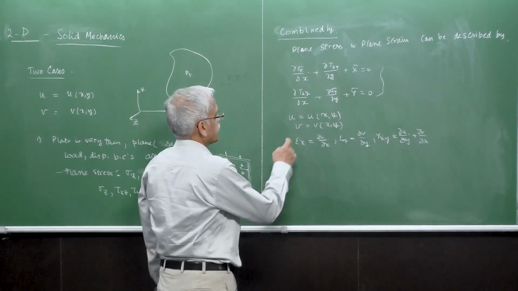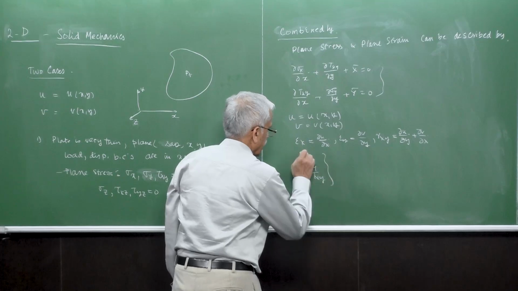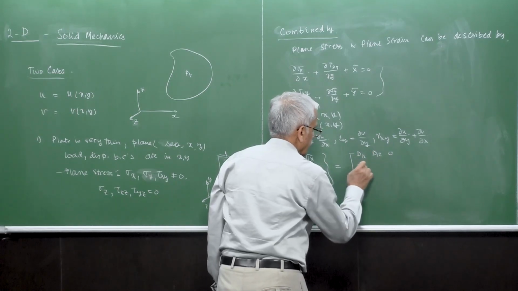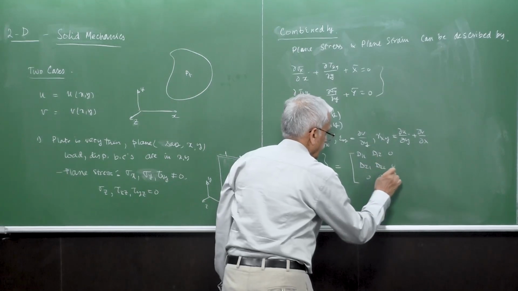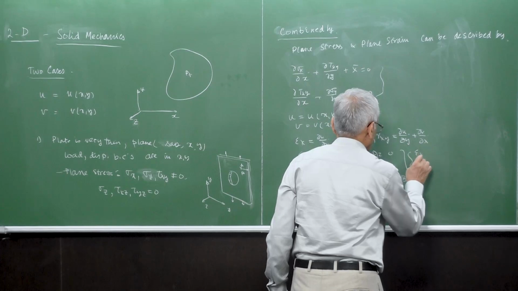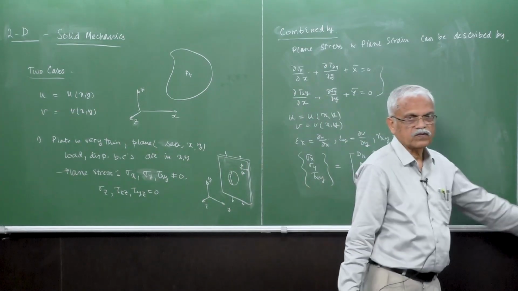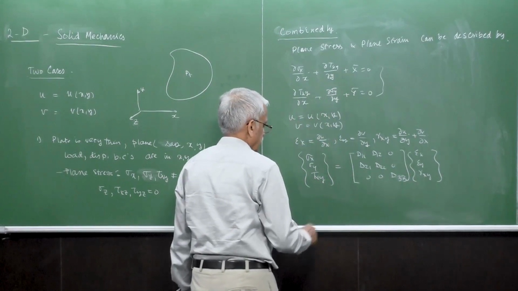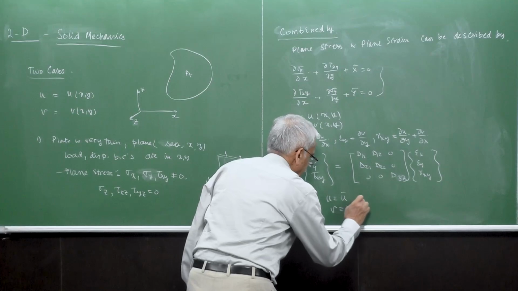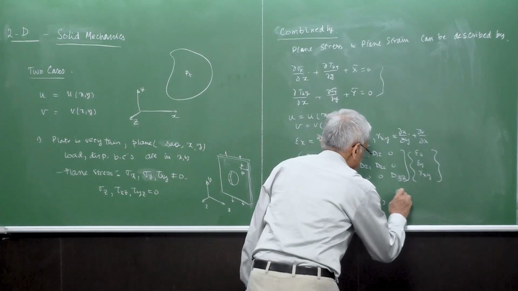Okay, and then the relationship between sigma x, sigma y, tau xy is combinedly put as the matrix D. So here we replace this constitutive equation by the matrix D. And apart from that, the boundary conditions are all the same.